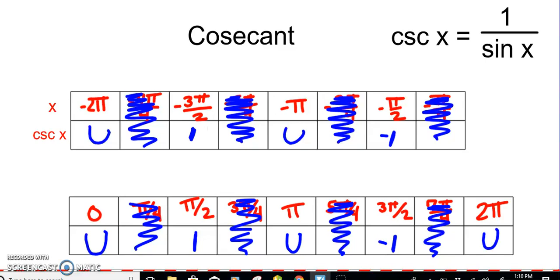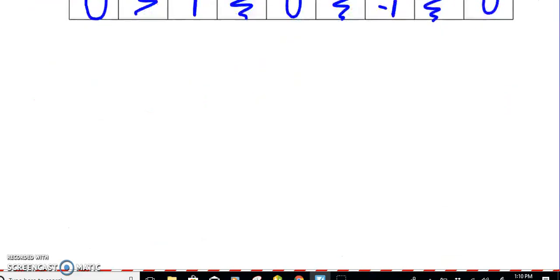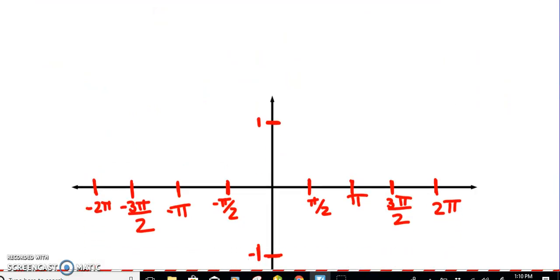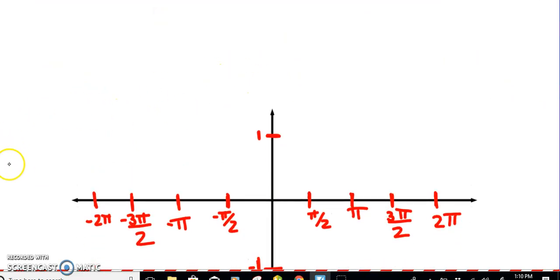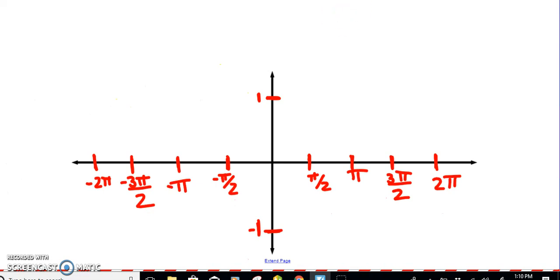Now, go ahead and fill in the chart; you need to stop the video. Then we look at our graph. First off, I'm going to start with our sine graph, because we're talking about the cosecant graph, which is just the flipped sine. Looking at our sine graph, we know we go through 0, 0.